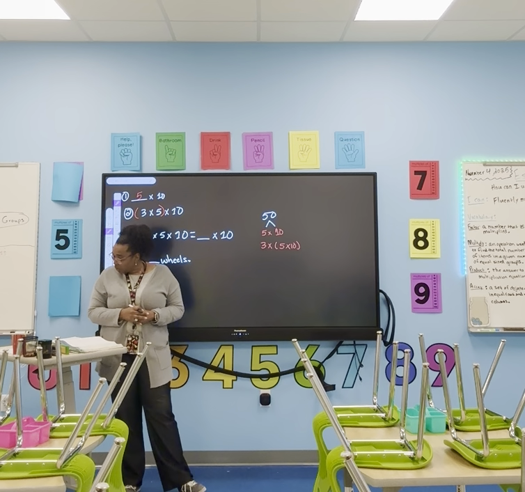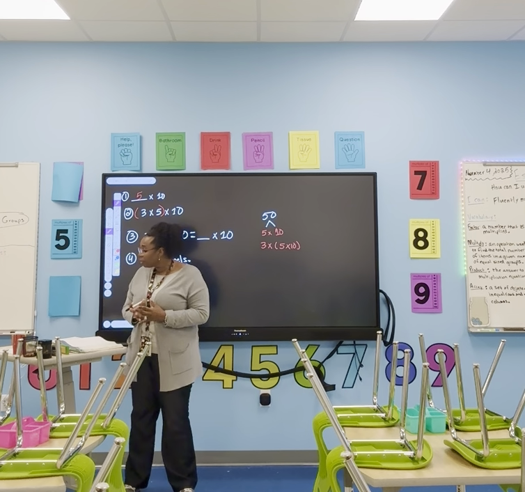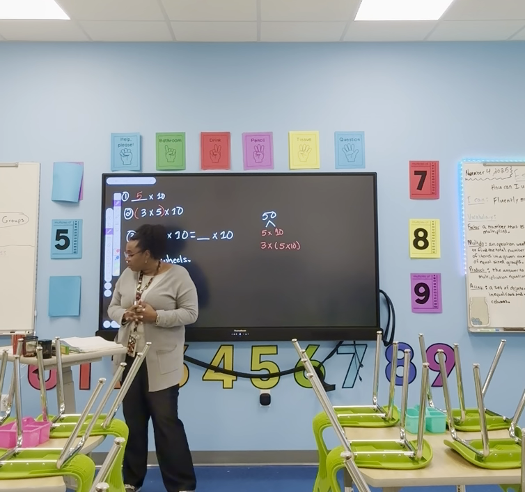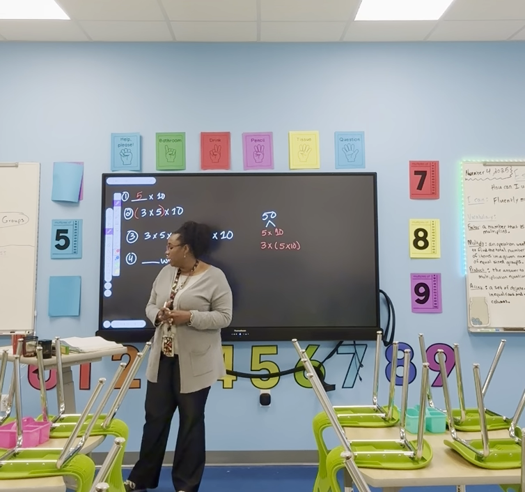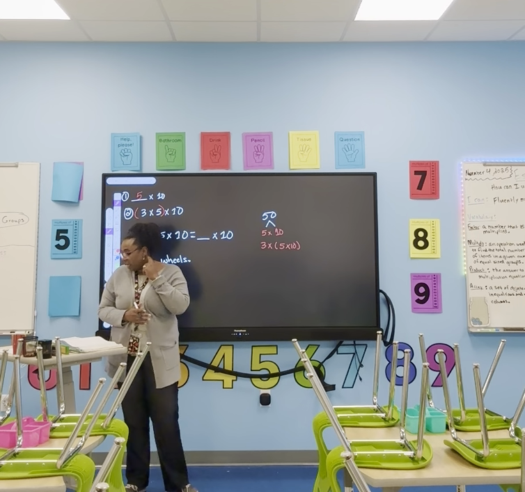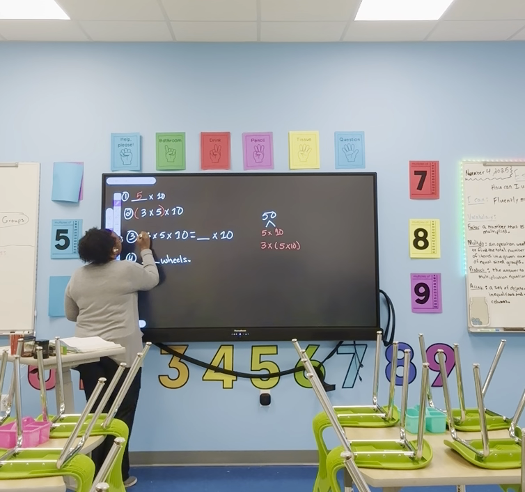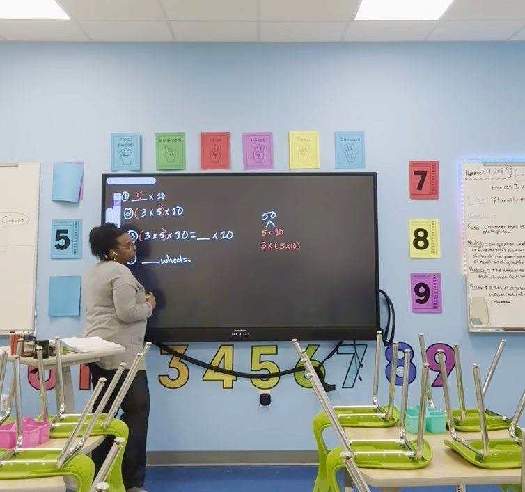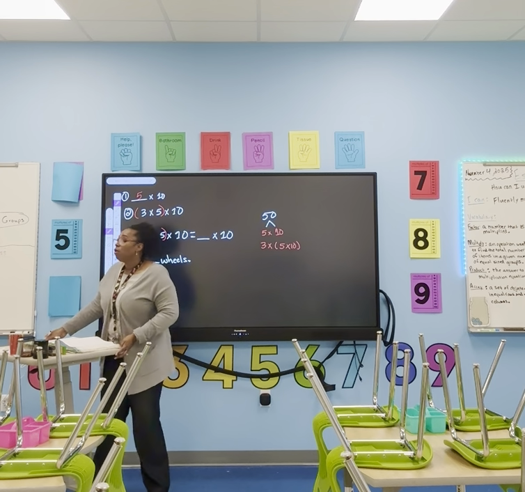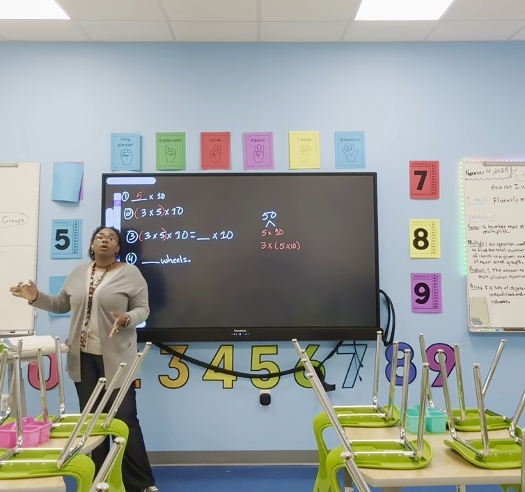Okay, so let's go to number 3. Number 3 has 3 times 5 times 10 equals blank times 10. So now that I know I put my parentheses around 3 times 5, I'm going to put it around 3 times 5 for number 3. Because now I know where I want my parentheses.